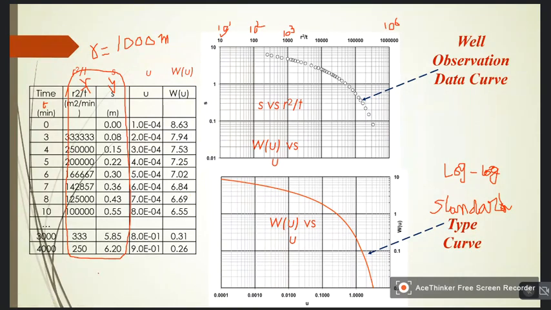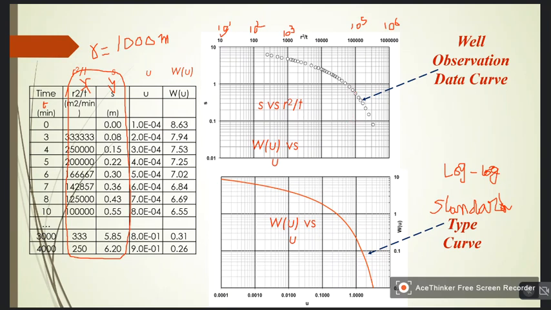You can see, for example, 10 to the power of 5. For 10 to the power of 5, the S value is 0.55. You can see here, this is 10 to the power of 5, and this is the point.